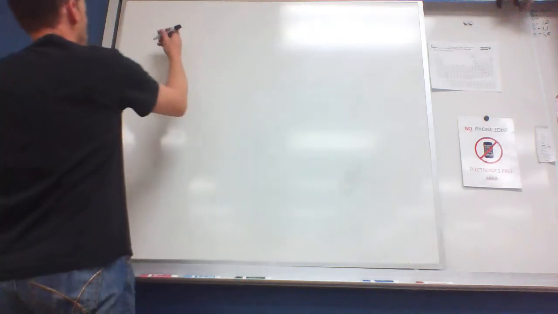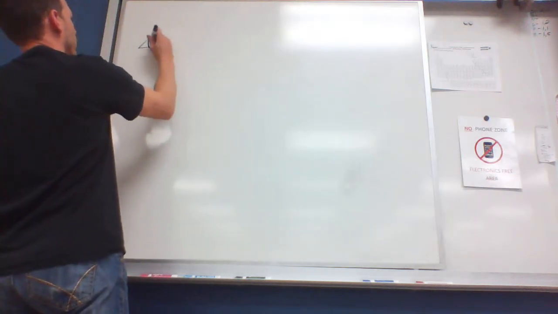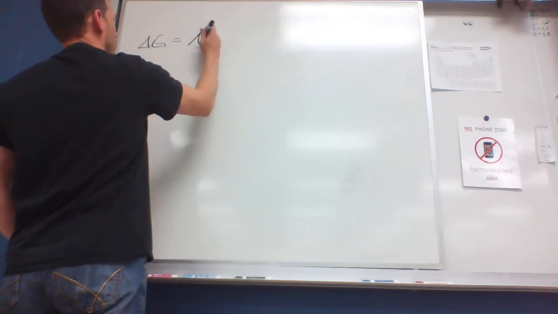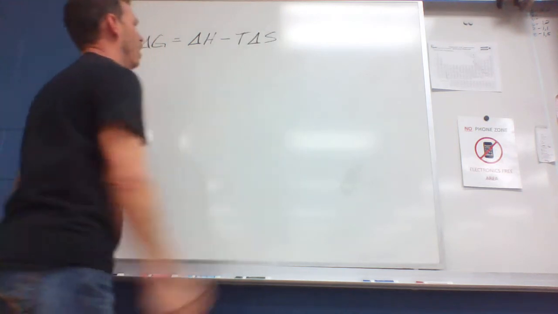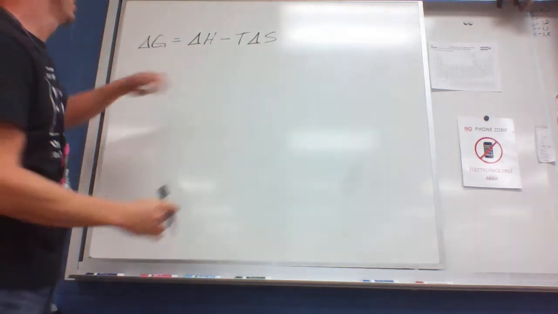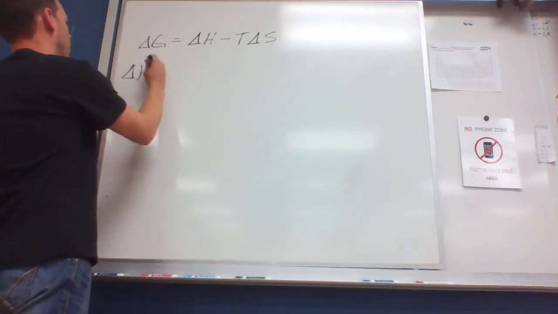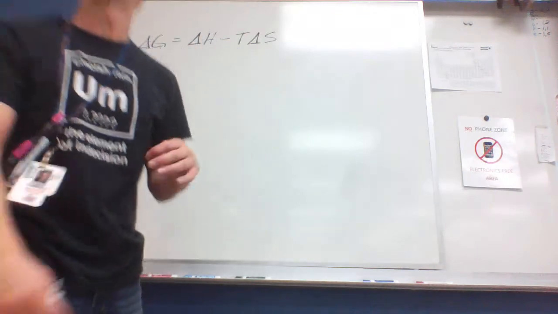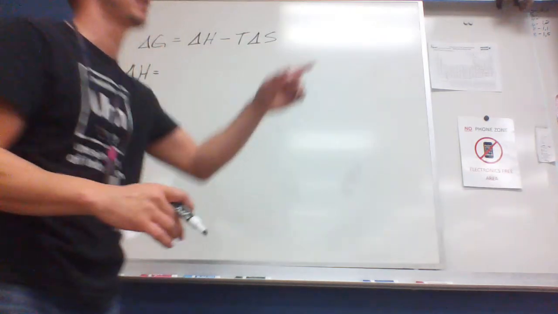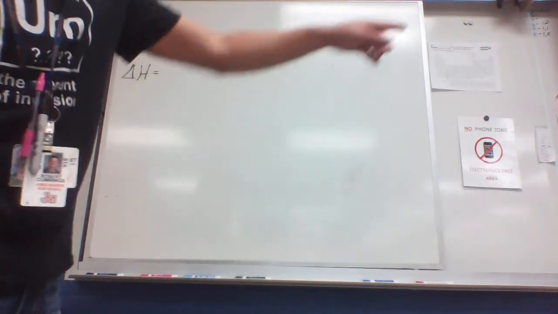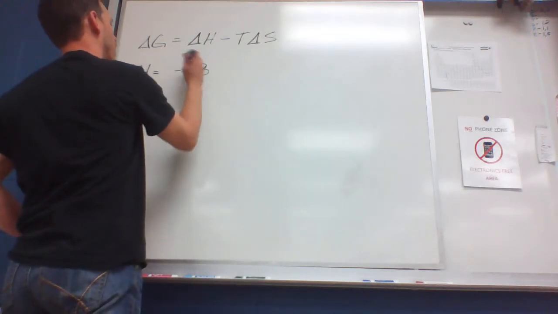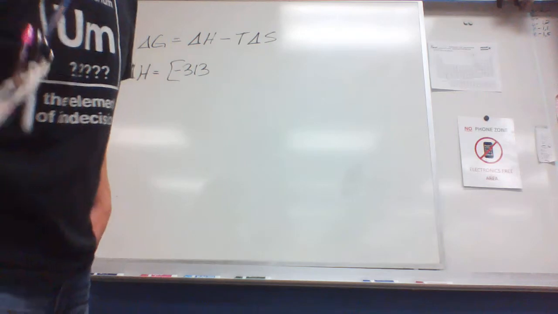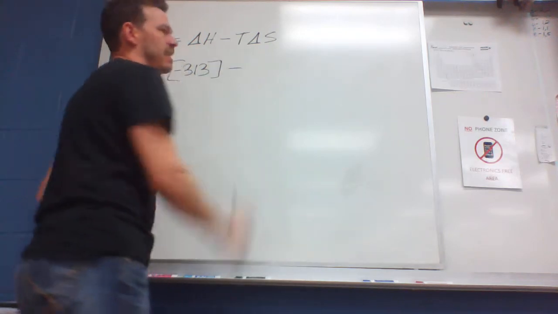All right, we need all this information. So I'm going to start by finding my delta H. Looking at my product, oh look, it's a 1-to-1-to-1 ratio. There's no coefficients to mess with us. So I'll start with NH4Cl, which is going to be negative 313, and that is the only product, minus the reactants.